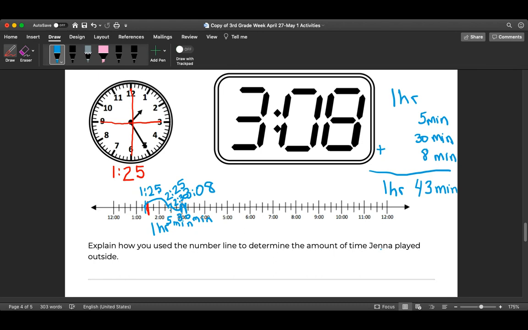So I hope this helps you today. Again, I didn't care for the way this number line looked. If we had been doing these at school, I would have taught you with a different looking number line, but we still get the idea of how this works. So we're counting the time between when she went outside and when she came back in.